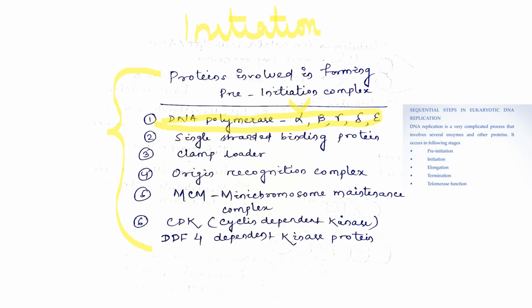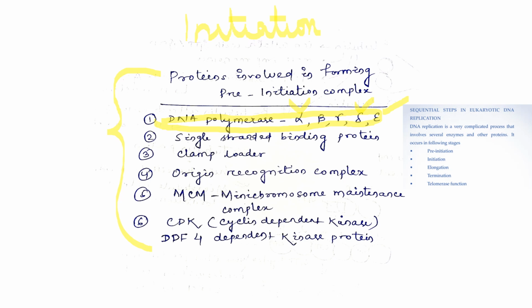Then DNA polymerase gamma, which is required for replication of mitochondrial DNA. Then delta DNA polymerase, which is required for lagging strand synthesis, and epsilon DNA polymerase, required for leading strand synthesis. So all these DNA polymerases are required during the DNA replication process in eukaryotes.